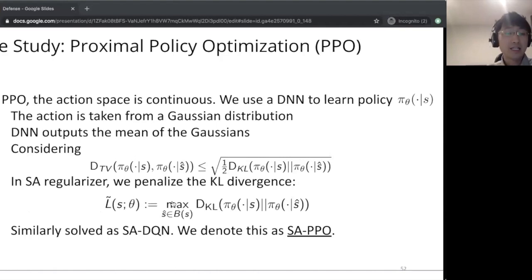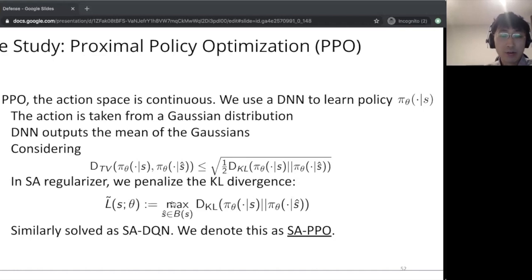For another reinforcement learning algorithm, PPO, the action space is continuous, and we use a neural network to learn the policy directly. The policy is a Gaussian distribution, and the neural network's output is the mean of the Gaussian.